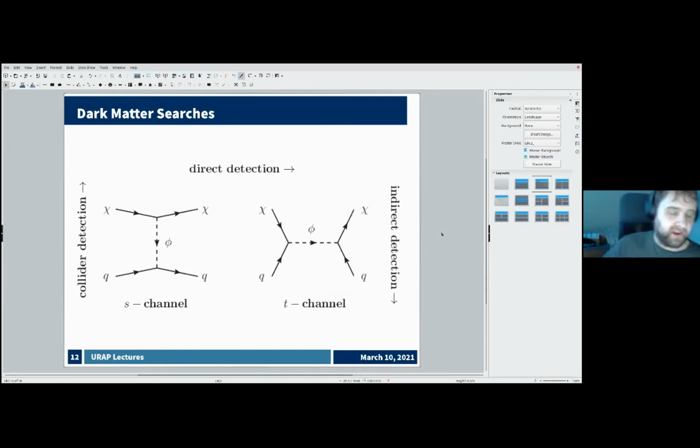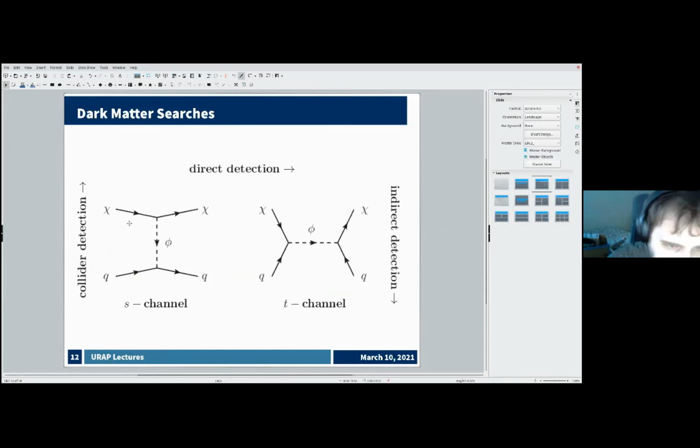This is a bit of a sidebar, but it's a very nice way to think about different experiments that are trying to look for new physics. In this case, dark matter searches. This is a simplified model.